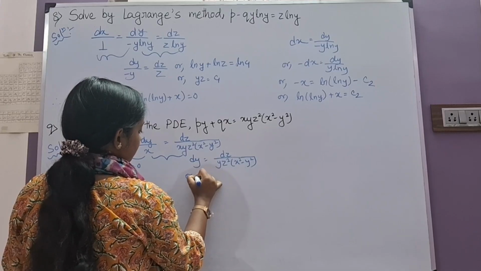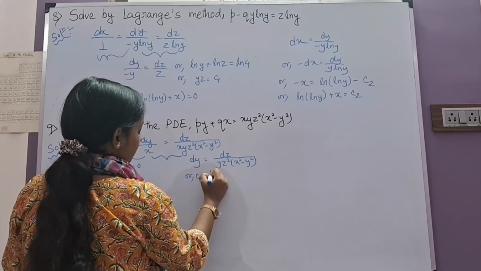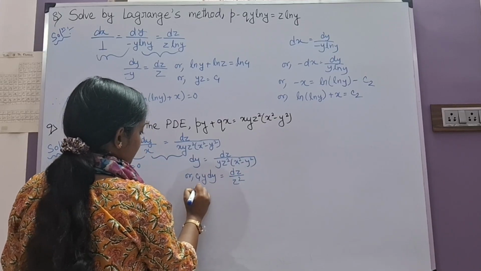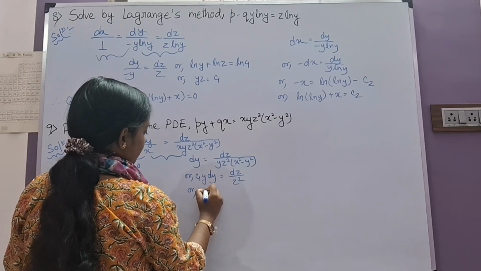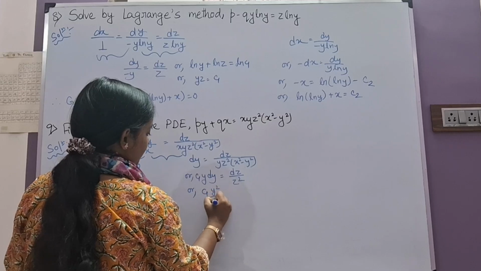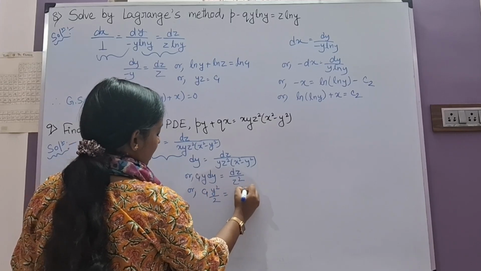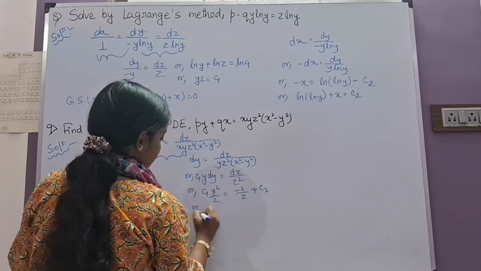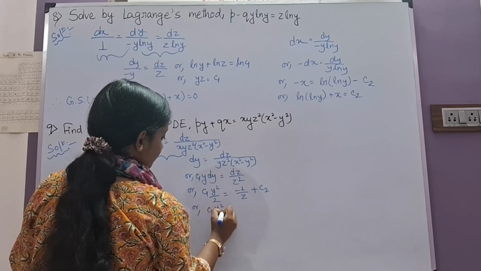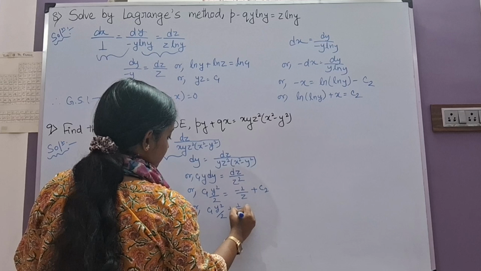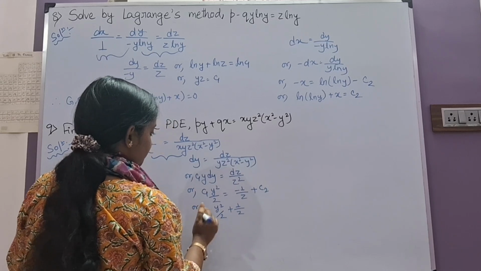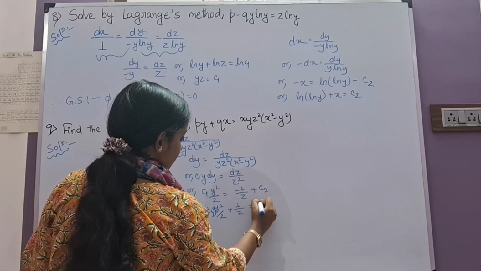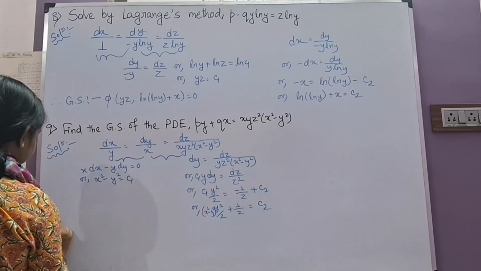So y c1 dy equal to dz by z square, or integrating, what we get? c1 y square by 2 equal to minus 1 by z plus c2, or c1 y square by 2 plus 1 by z, and what is the value of c1? x square minus y square equal to c2.